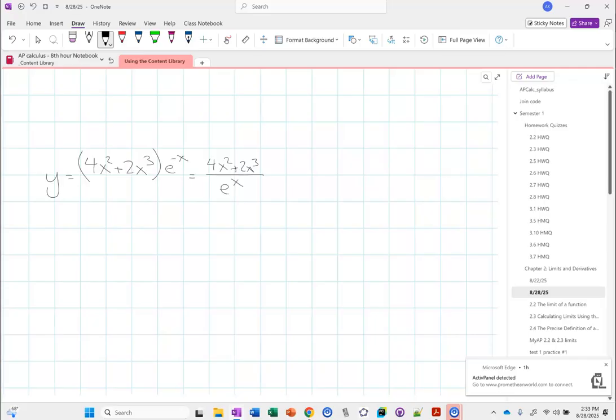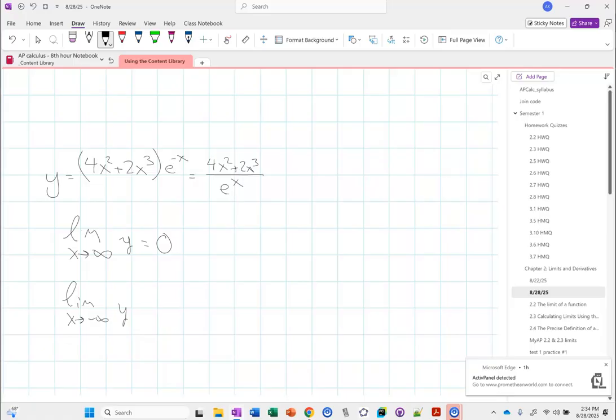So horizontal asymptotes are going to happen when x goes to positive or negative infinity, right? So here, at positive infinity, you're going to have cubic over exponential. That just goes to 0, right?